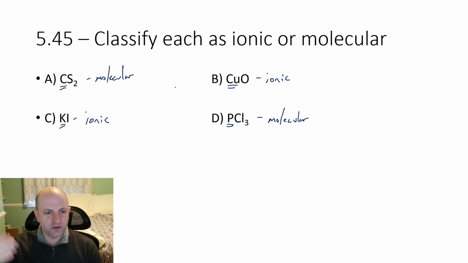We're going to do a little stretch goal here. We're going to say, let's go ahead and name these, because that's usually the step we're doing. We first figure out what they are, and then we know what rules to follow. So for this CS2, it's molecular, it's covalent. That means we use prefixes. So C, let me change colors real quick for the names.